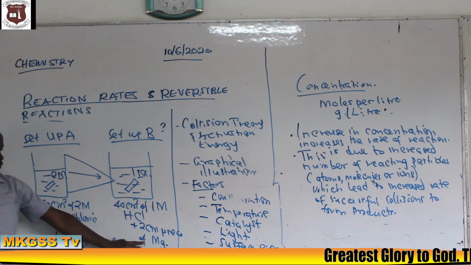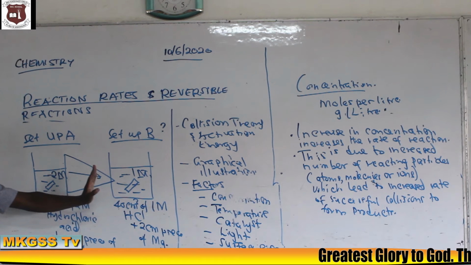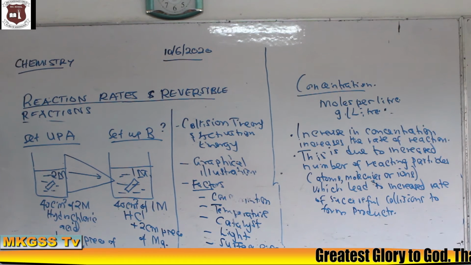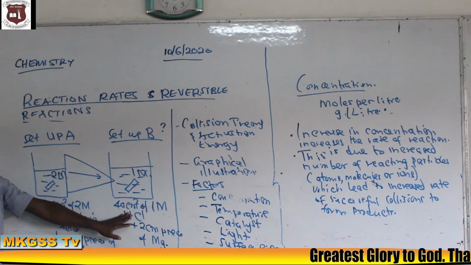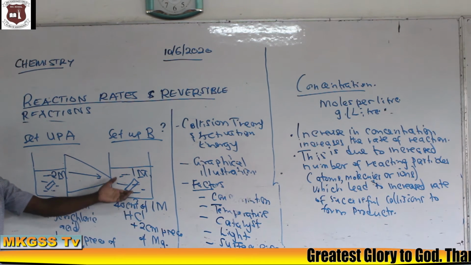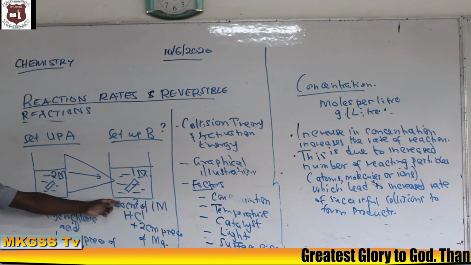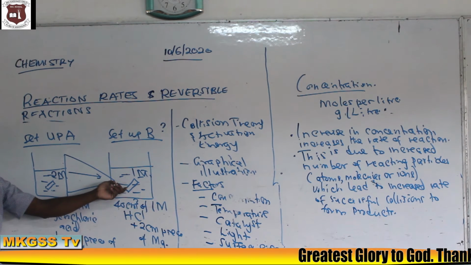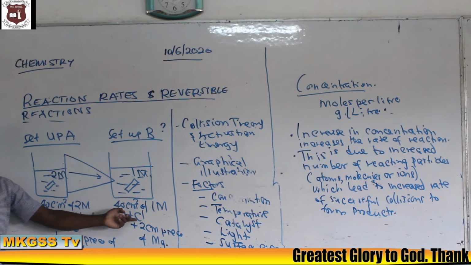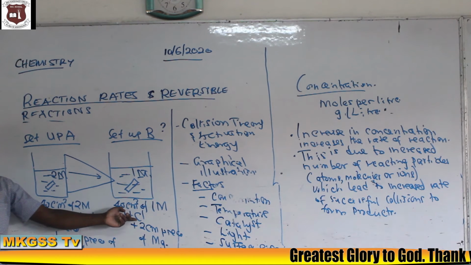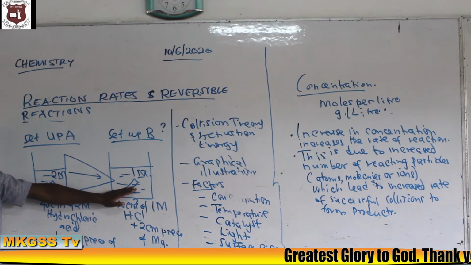So when you start the stopwatch and let the reaction progress, you realize that this one will take longer time. The reason why in setup B it will take longer time is because we have lower concentration of the hydrochloric acid. And so, because of that, there is decreased rate of collision.